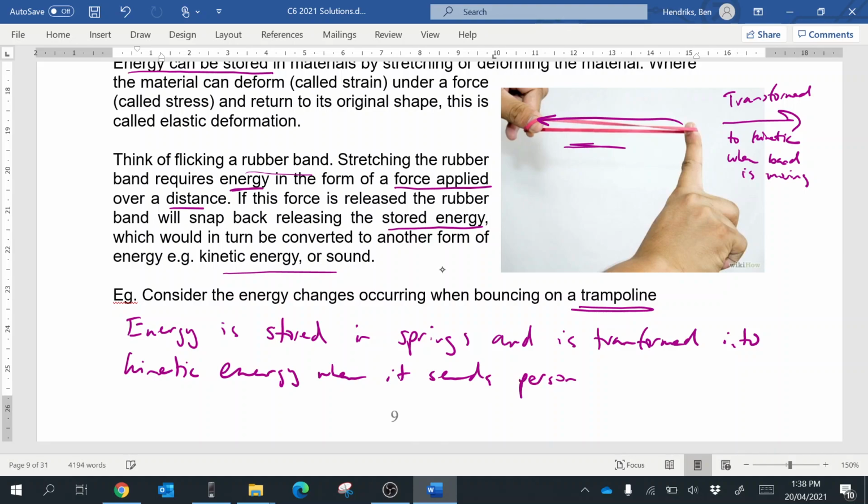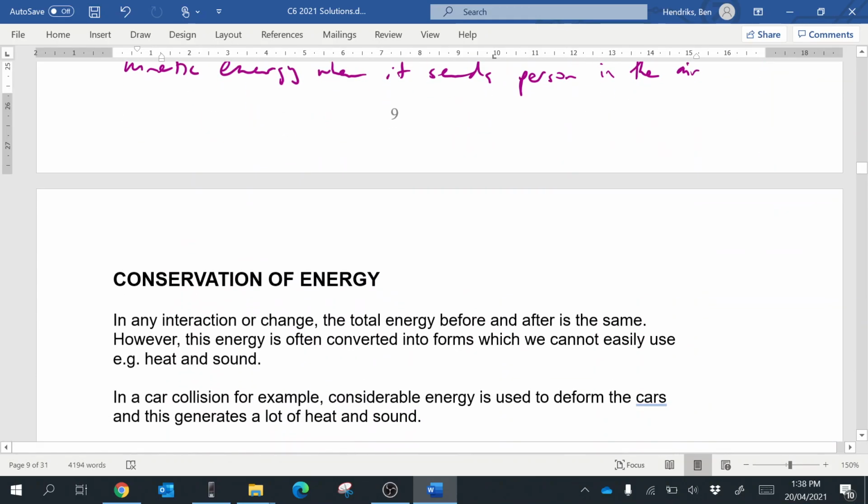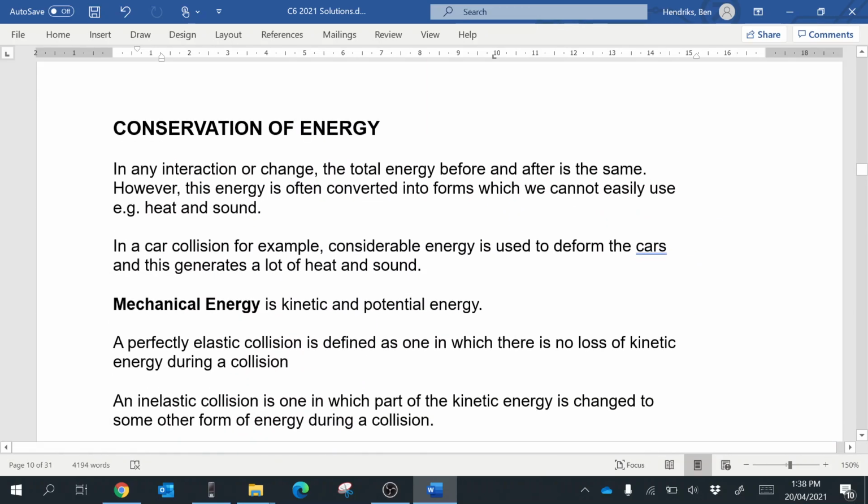So that's another example of energy transfer. So someone's jumped on a trampoline, that potential energy that they had has gone into the springs, and then when the springs release, it turns the energy back into kinetic energy and sends the person flying in the air. And that's a good lead into conservation of energy.